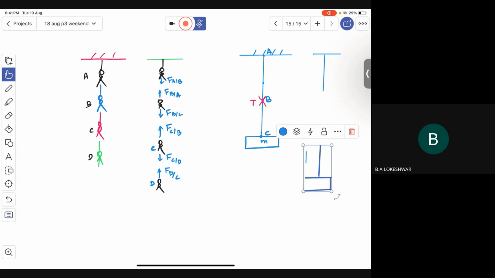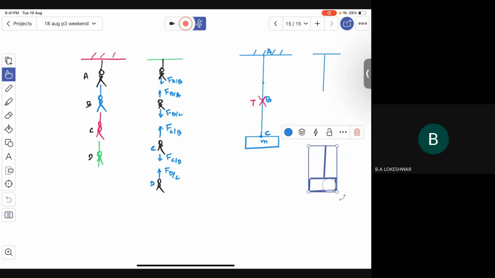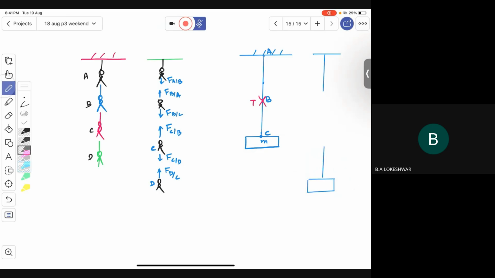So the two arrows that I have drawn there represent two forces that are an action reaction pair. This is A, this is B, this is B, this is C. So tell me, you can imagine how C and D apply forces on each other as an action reaction pair. Same way here also the forces are going to be.